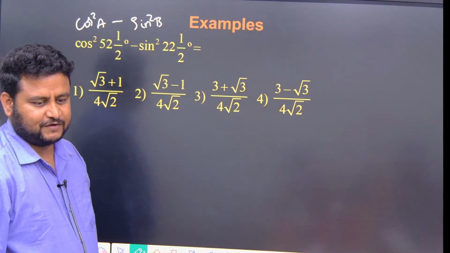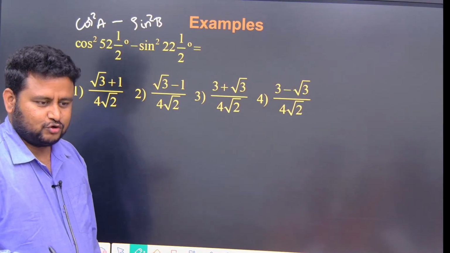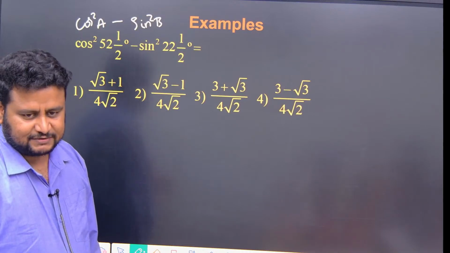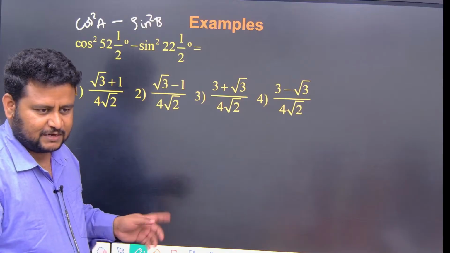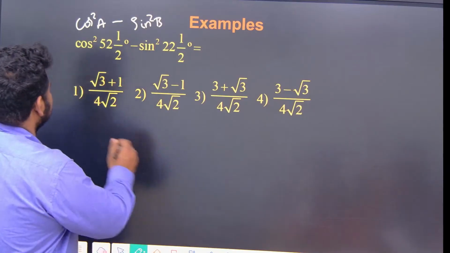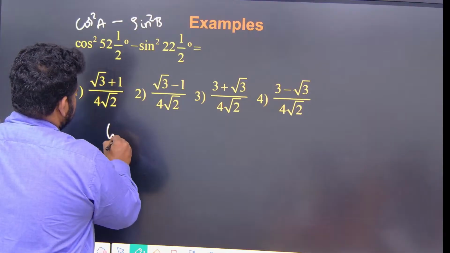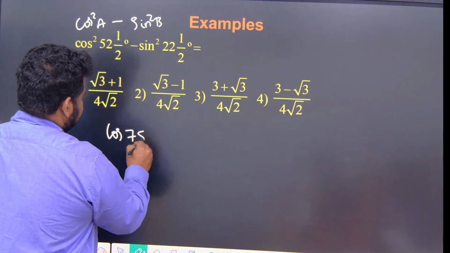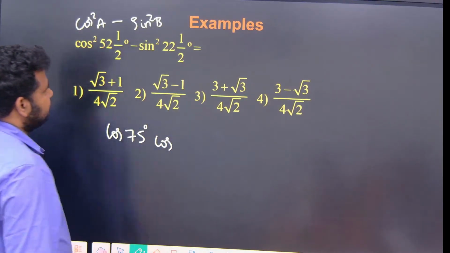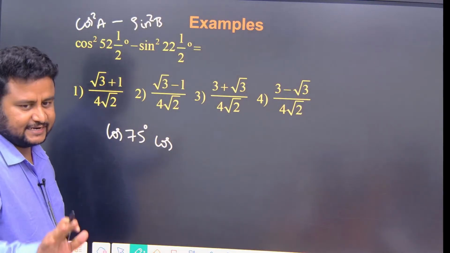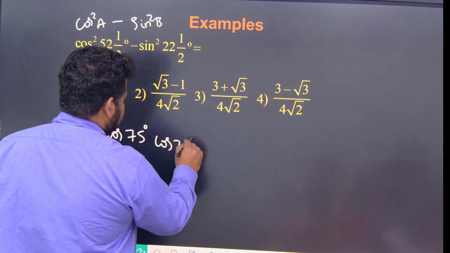52.5 plus 22.5: first 50 plus 20 is 70, 2.5 plus 2.5 is 5, 70 plus 5 is 75. So we have cos 75 for A plus B, and cos A minus B: 52.5 minus 22.5 is 30, so cos 30.